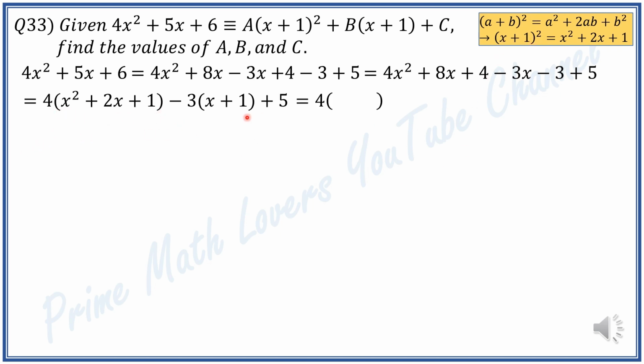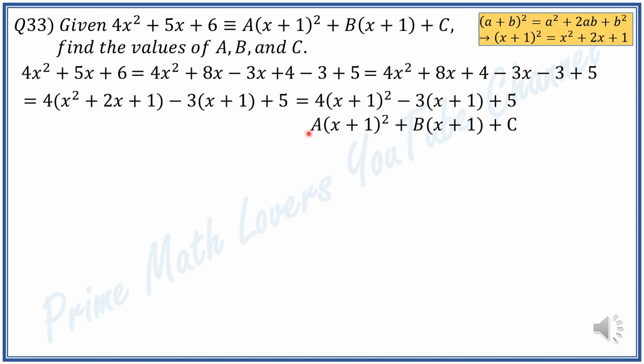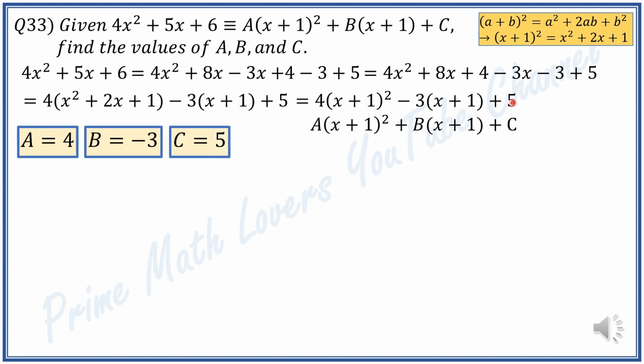So I'll get 4 times x plus 1 squared minus 3 times x plus 1 plus 5. Now comparing it with our expression, a times x plus 1 squared plus b times x plus 1 plus c, we can see that a is equal to 4, b is equal to negative 3, and c is equal to 5.